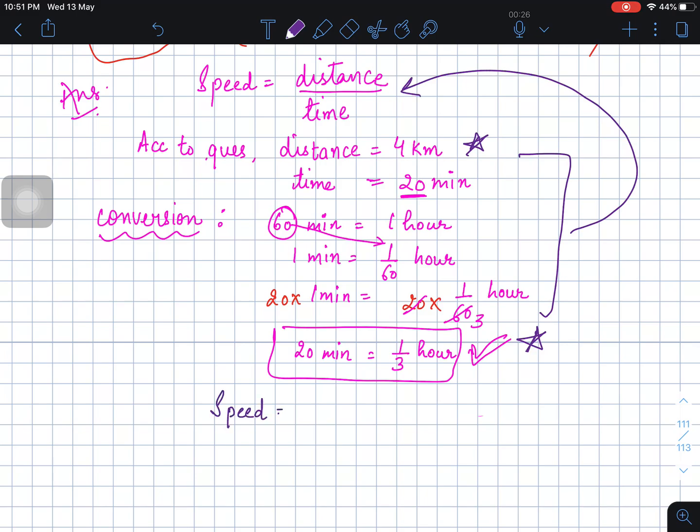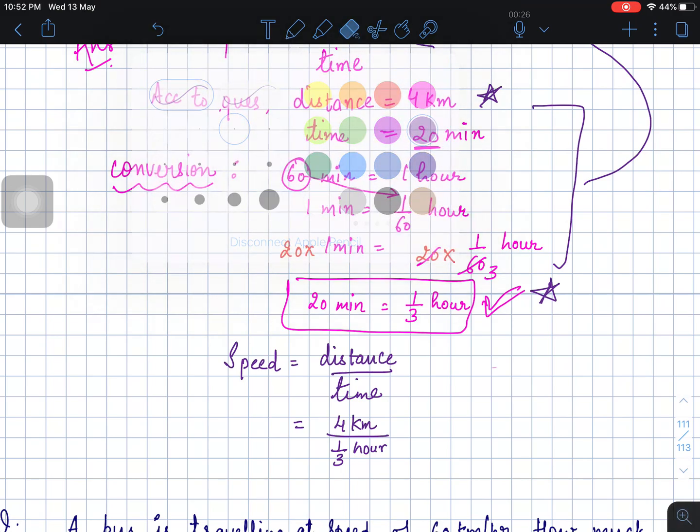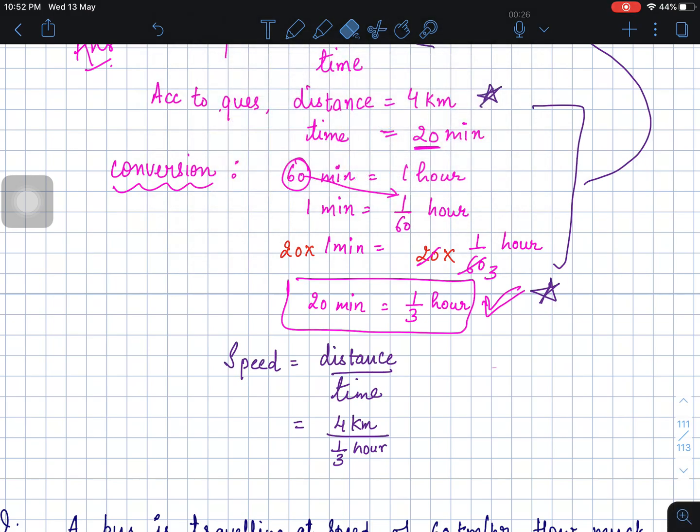So again, speed is equal to distance upon time. Distance is 4 kilometer and time is 1/3 hour, or you can just write h.